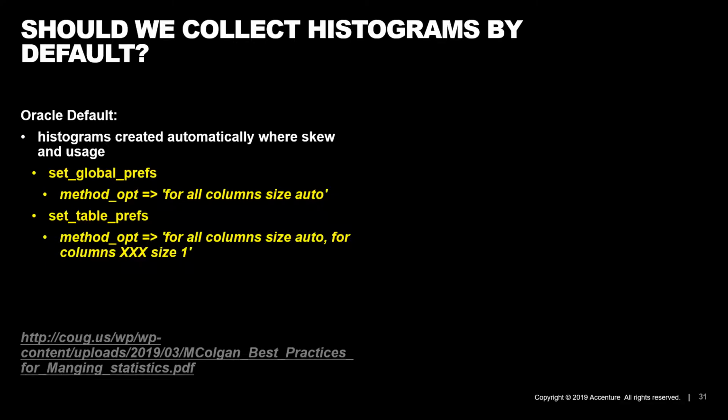This raises the question, should we collect histograms by default? Well, the default in Oracle is to collect histograms where there is skew in usage. The global preference for method opt is for all column size auto.